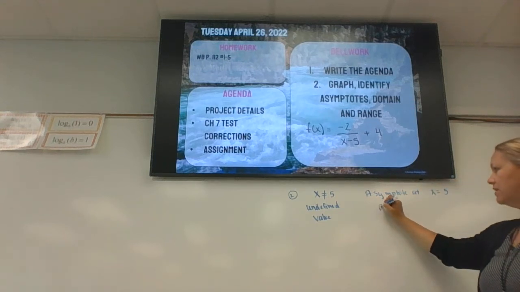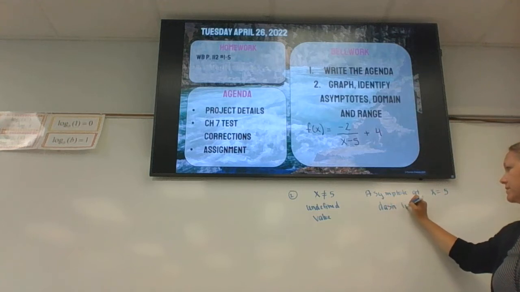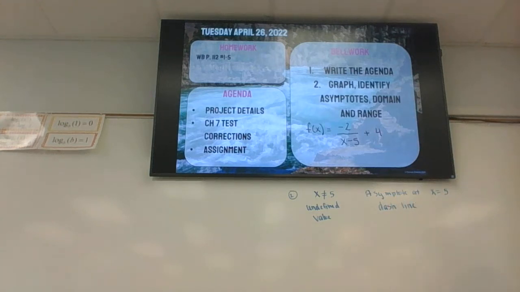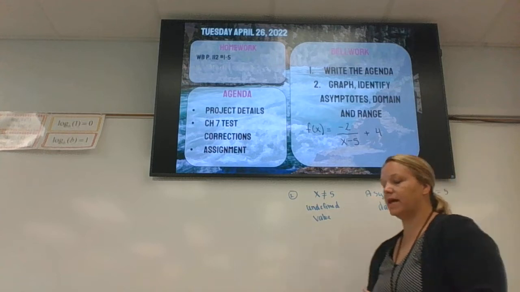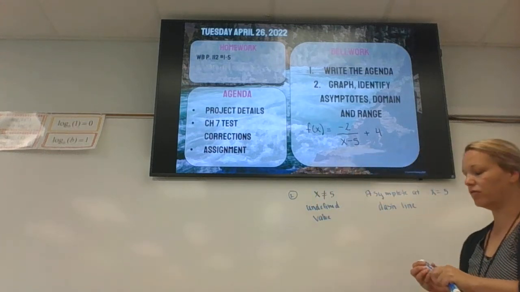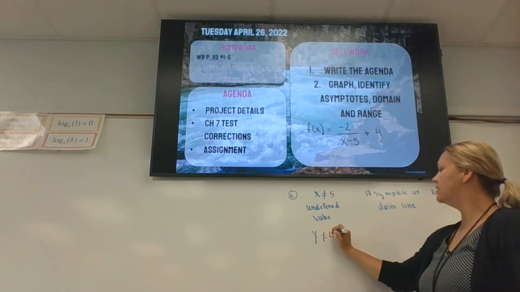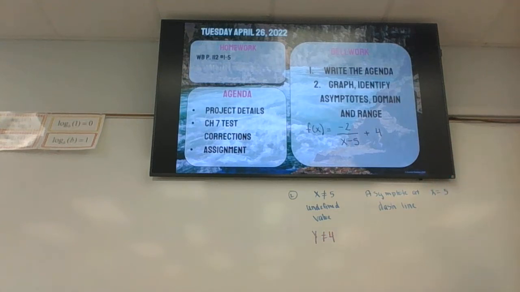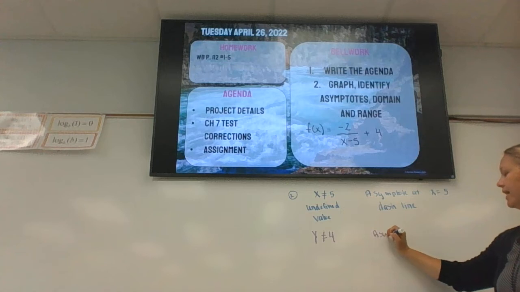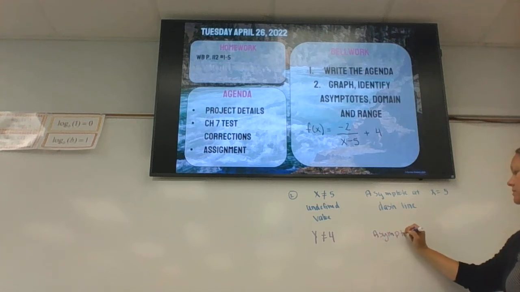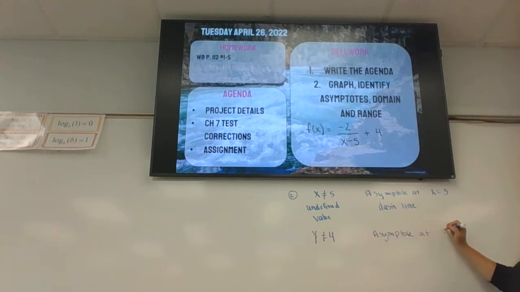And by asymptote, I mean do a dash line. Based on what we did yesterday with the model of these rational functions, I'm going to say y can't be 4. So I have another asymptote at y equals 4.